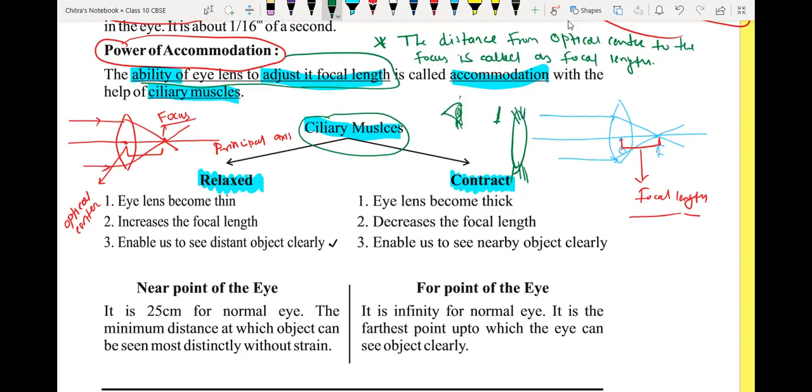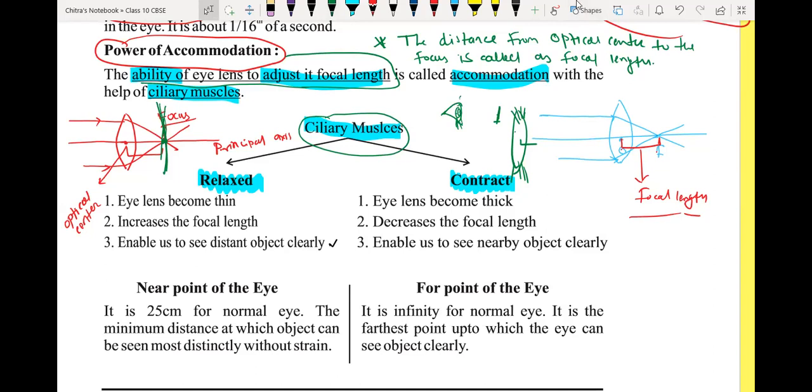These ciliary muscles contract and relax the lens in order to focus, so that the light rays meet on the retina only and form the image on the retina. That's why sometimes the lens becomes very thin and sometimes very thick.